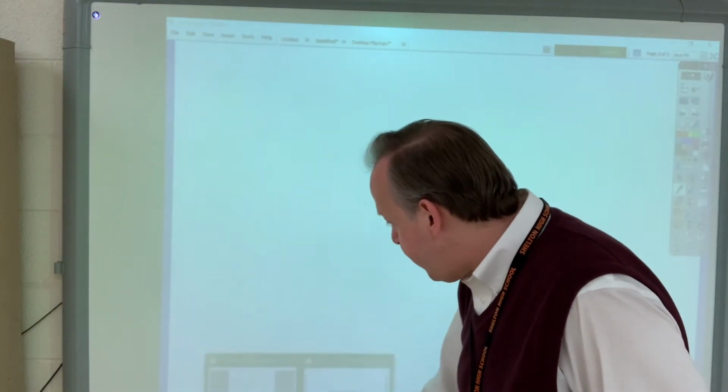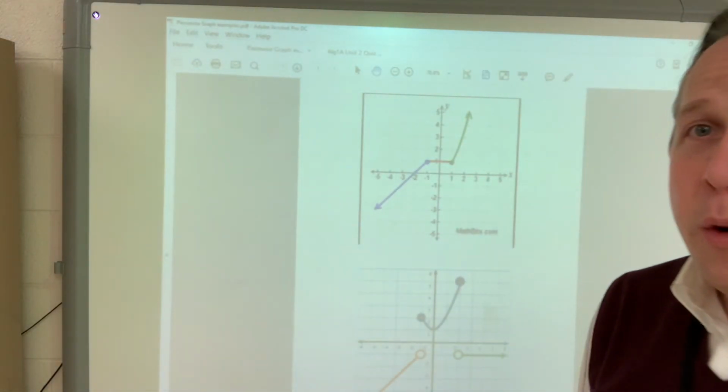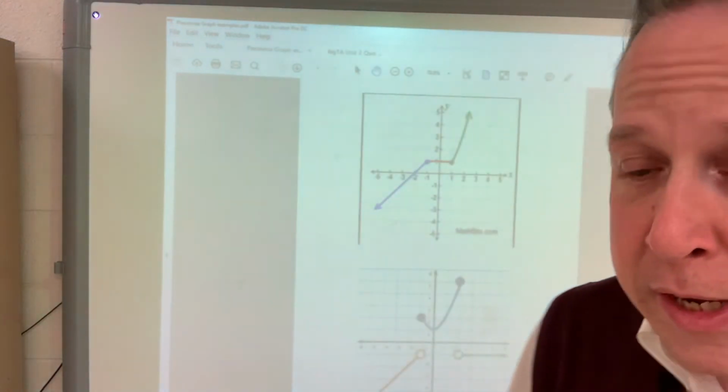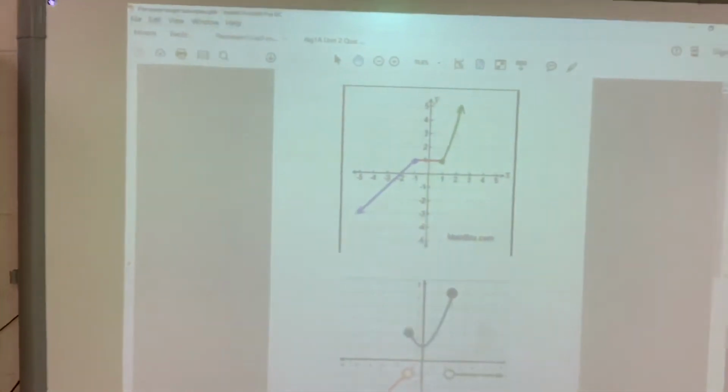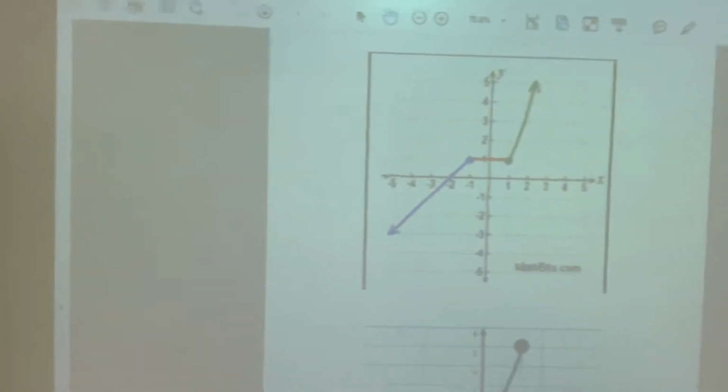So, let's take a look at one of our piecewise graphs, which, by the way, I did give you as a posting yesterday to the Google Classroom. I gave you this same form, which is just a bunch of piecewise functions. Let's take a look at this function right here.